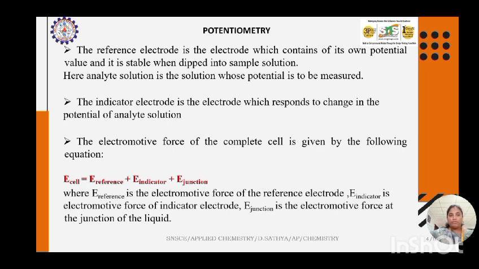So the electromotive force of the complete cell is given by the following equation: E cell equals E reference plus E indicator plus E junction. Here E reference is the electromotive force of the reference electrode, E indicator is the electromotive force of the indicator electrode, and E junction is the electromotive force of the liquid junction.